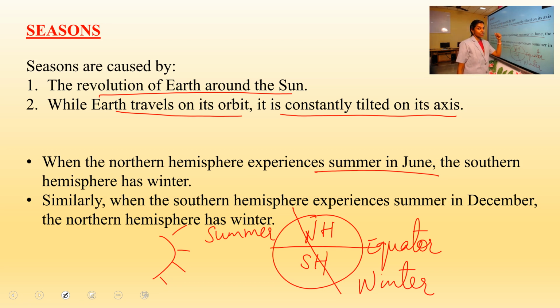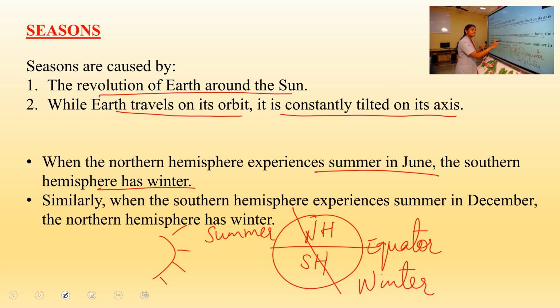So when the northern hemisphere is facing the sun and experiences summer, the southern hemisphere will have winter. The opposite happens. Okay? The part which is facing the sun will have summer season, and the southern hemisphere, which is turned away from the sun, will experience winter.